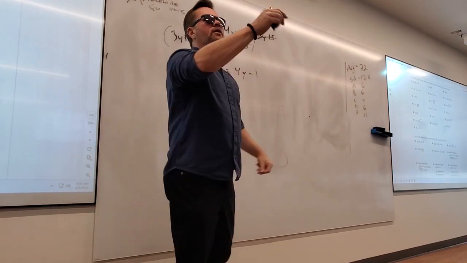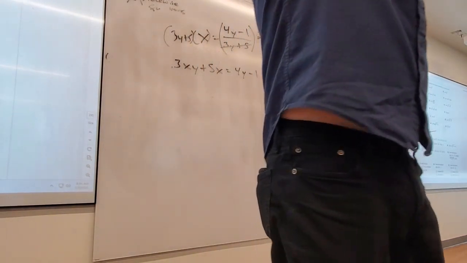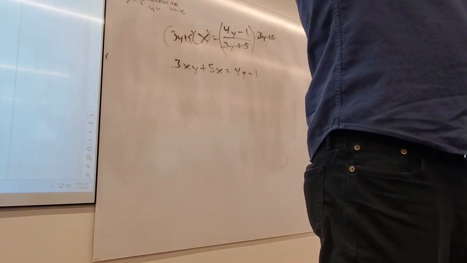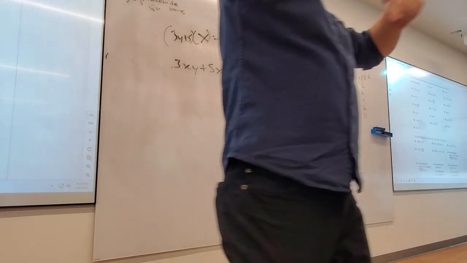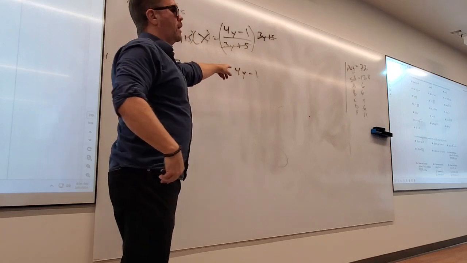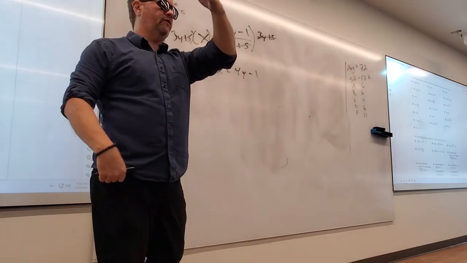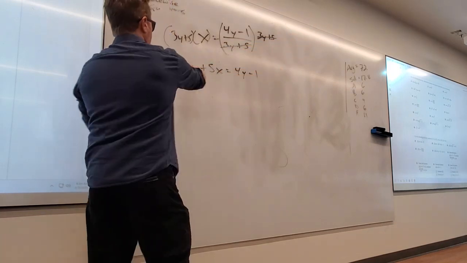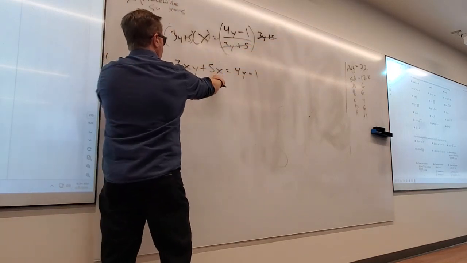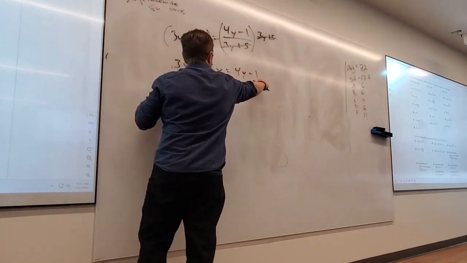So, you guys know how to do this. If I'm solving an equation, don't I try to get all my x stuff on one side? Everything else on the other side? Normally everything else is numbers. What am I trying to solve for in this one? I'm trying to solve for y. So I get all my y stuff on one side, get everything else on the other side, right? This has y in it, this doesn't.